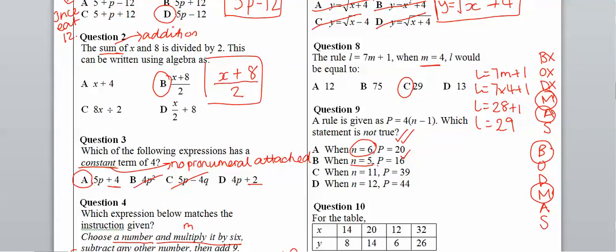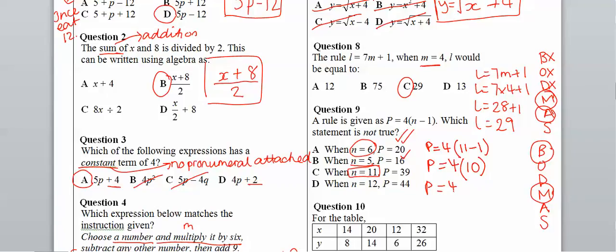We've got n equals 11 now. So we'll substitute 11 for n. So I've got P equals 4, 11 minus 1. We do our brackets first again. So I've got 10. P equals, remember that there's a times in between the 4 and the bracket.